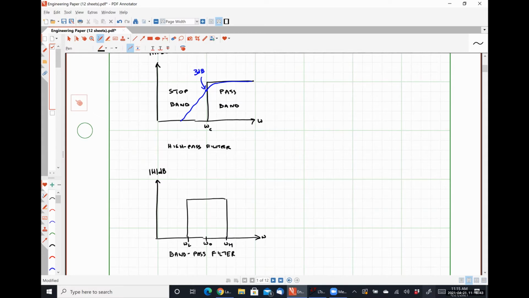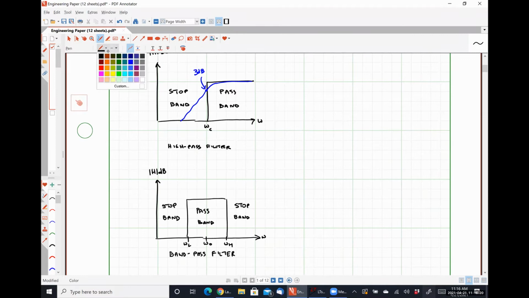So everything below omega L is in the stop band, and everything above omega H is in the stop band. Everything between omega L and omega H is the pass band. So this is why it's called a band pass filter, because only a certain band of frequencies gets accepted, everything else gets rejected.